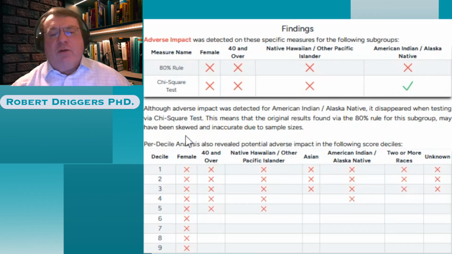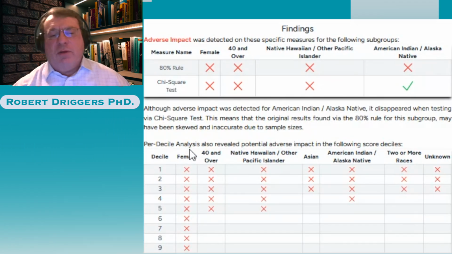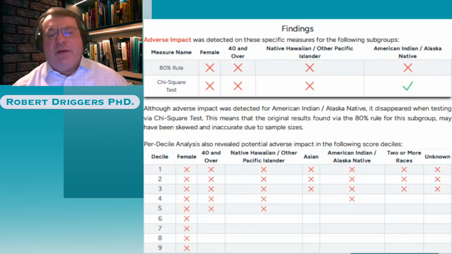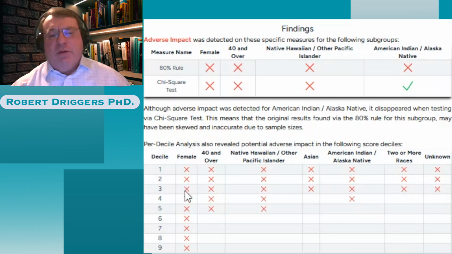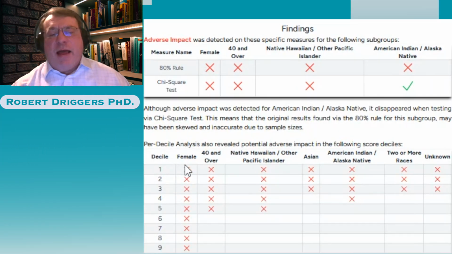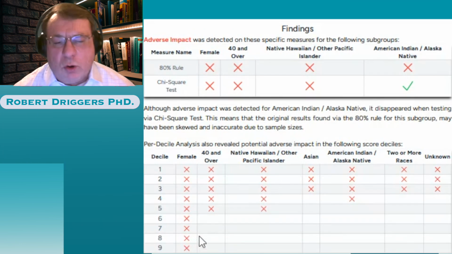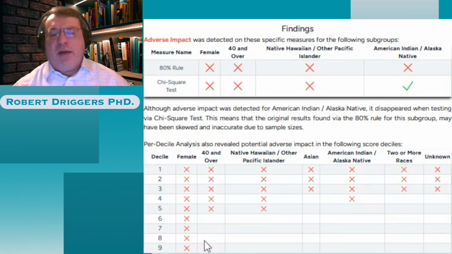As we move down, we can see a per decile analysis in the table below. And as you can see in each decile that's aligned on the left, you can see where adverse impact is indicated. For example, adverse impact for females carried through the test from decile 1 to decile 9. No matter what the cut score, females had adverse impact.